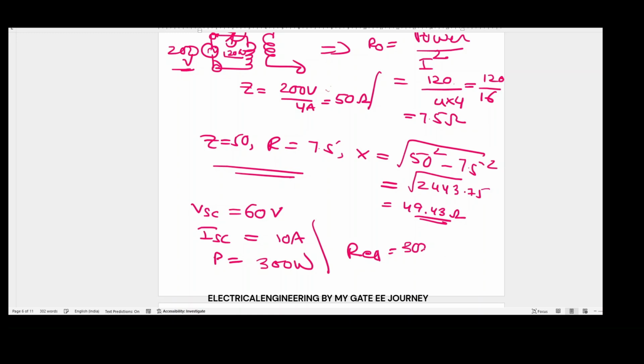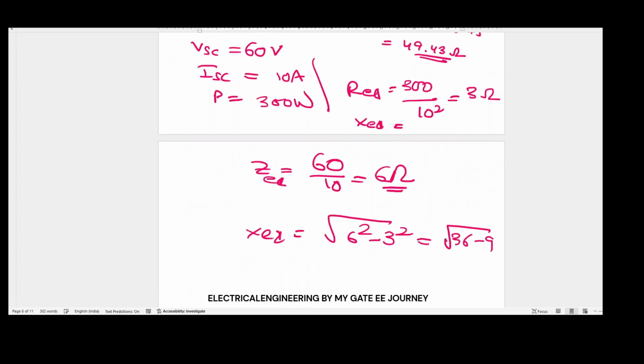And X equivalent we will find out. Before finding X equivalent, we have to calculate Z equivalent, which is 60 by 10, 6 ohms. And X equivalent is the square root of 6 squared minus 3 squared.